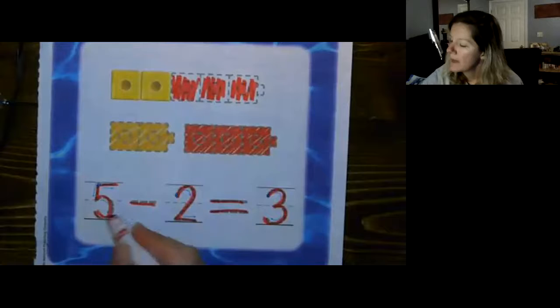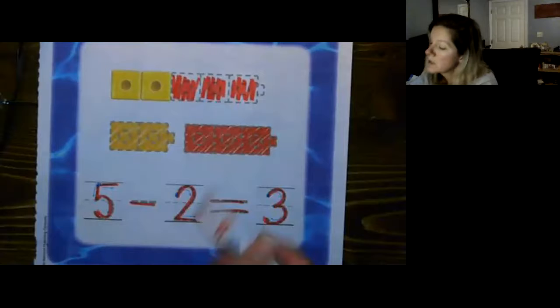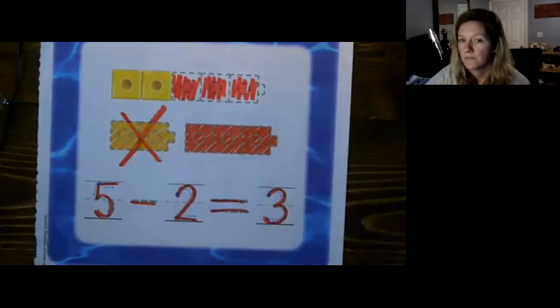Now we're taking them apart. Remember, subtraction is when you have something all together and then you pull it apart. So we have 5 all together. How many are they taking apart? 2. So we're going to mark an X on the 2 that they're taking off. And how many are left? 3. Very good.